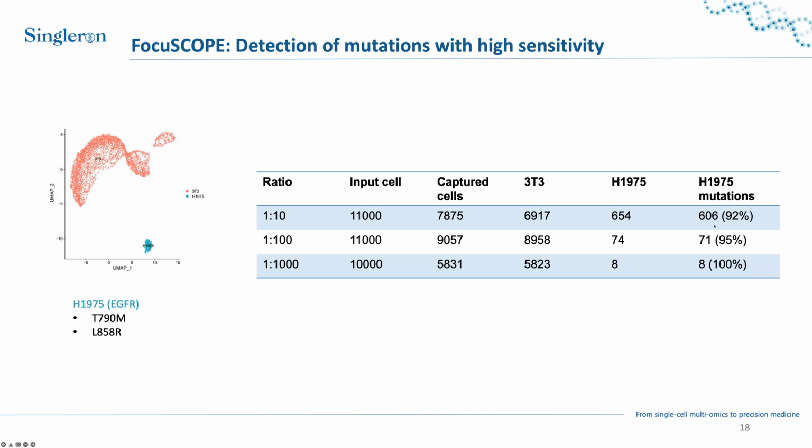We detected more than 90% in the case of the 1 to 1,000 ratio, even 100% of the cell lines that have the mutations, which shows that this method is very sensitive.